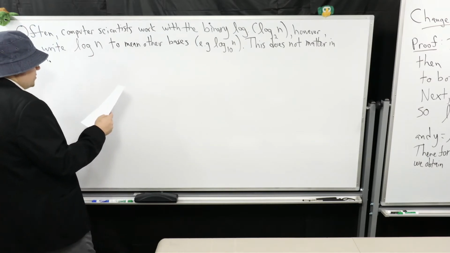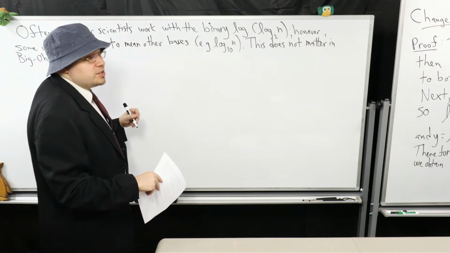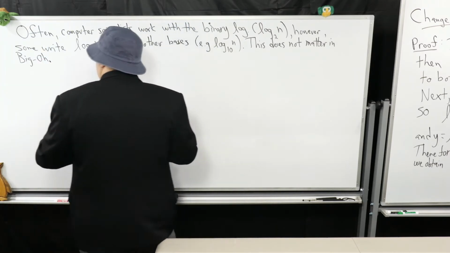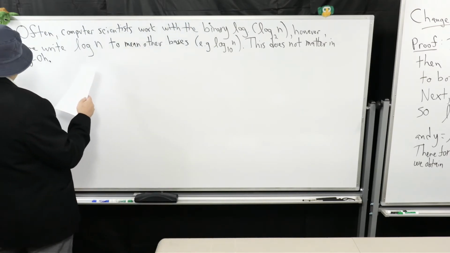So I'm going to use, as an application of the change of base formula, I'm going to prove the following claim for you, and you'll see why this would be very helpful.